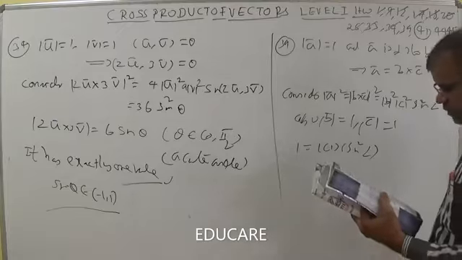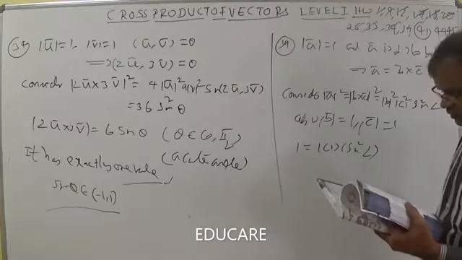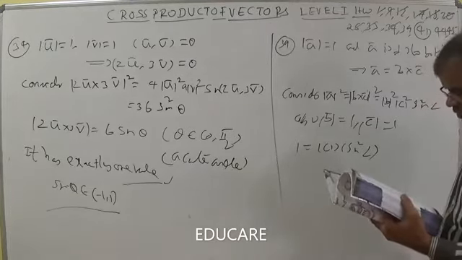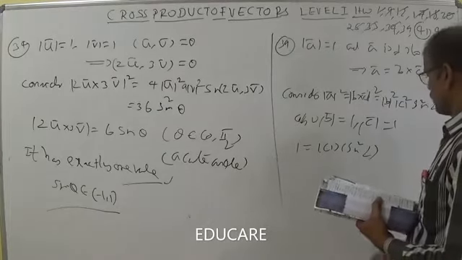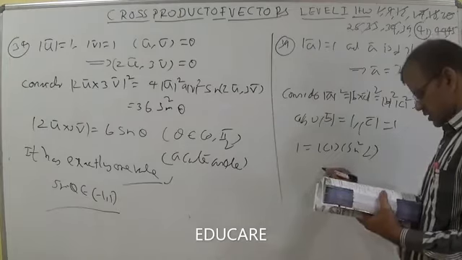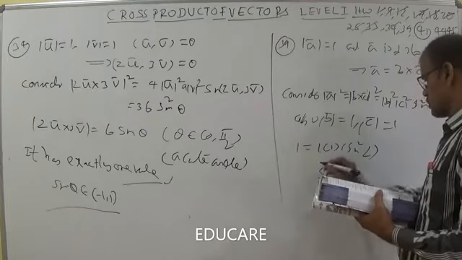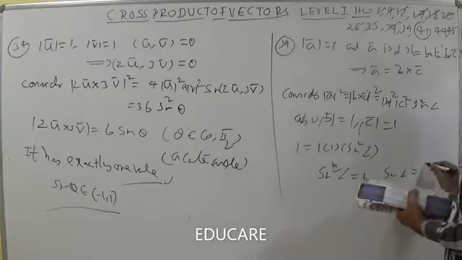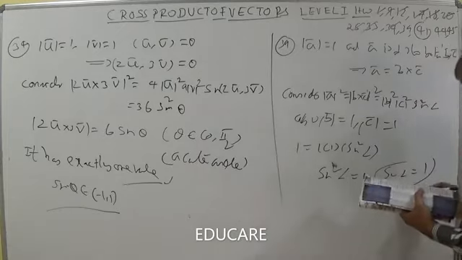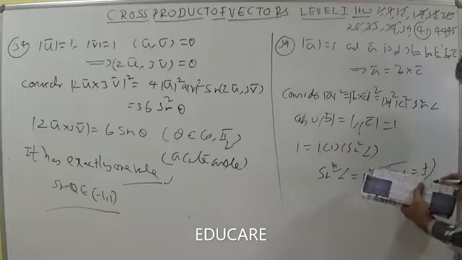Then A bar is a unit vector perpendicular to them, it's okay. A bar square is 1 into 1, so we got the value now. Sin square alpha is equal to 1, so sin alpha is equal to plus or minus 1. What is he asking?